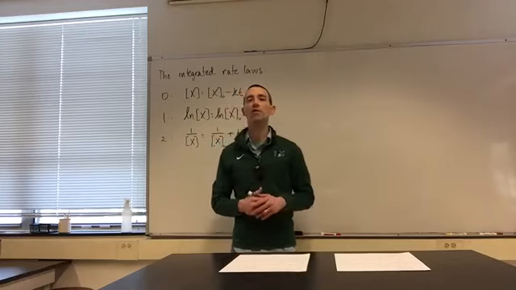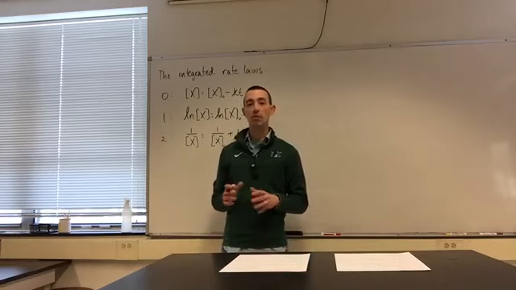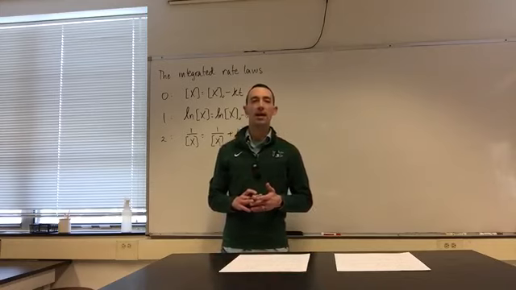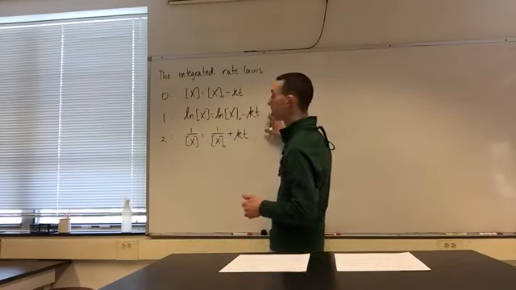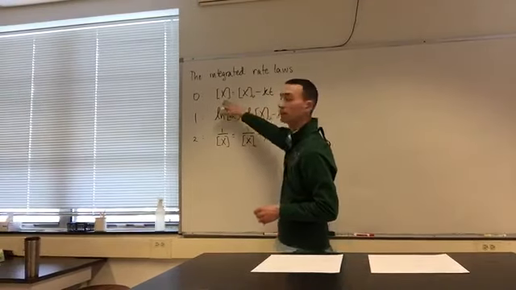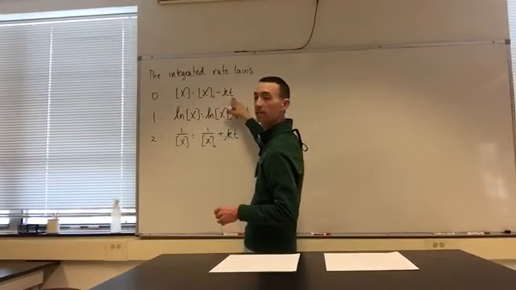So we could solve an integrated rate law for any order of reaction, but the three most common orders are 0, first, and second order. For a 0 order, concentration depends directly on the initial concentration, the rate constant, and time.